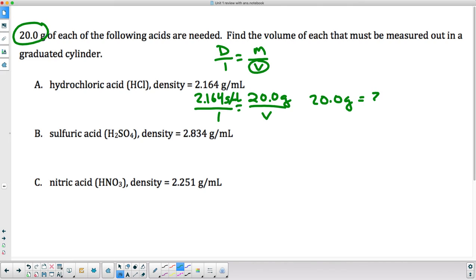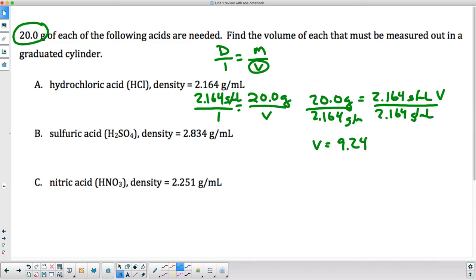2.164 grams per milliliter, and then that's times V. So we divide both sides by 2.164 grams per milliliter. Sorry about that, I got confused. I get out my calculator. 20 divided by 2.164, and my answer then for volume is 9.24.